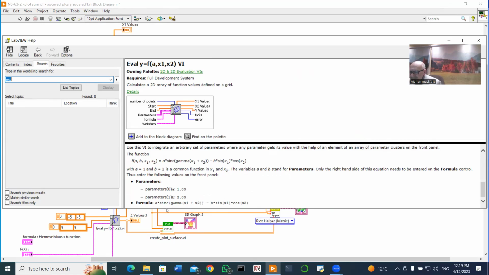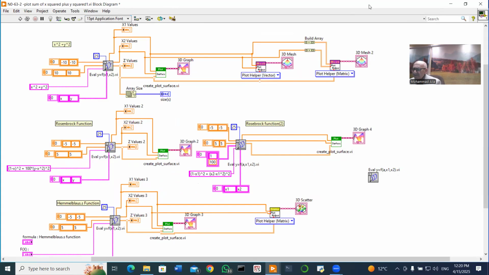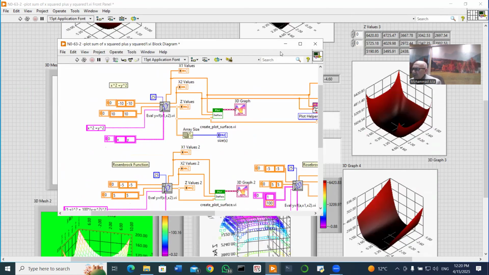And here is the example. For example, this formula, A multiplied by sinc of x1 plus x2 minus B multiplied by so and so. So here A is equal to 1, B is equal to 2. So in this terminal, I have to include 1 and 2, which I have done for the Rosenbrock.